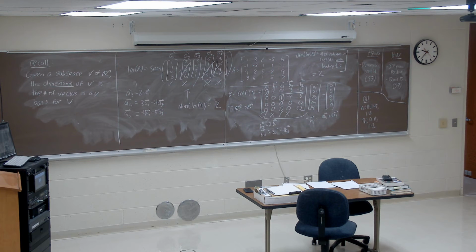Which says that for any n by m matrix A, the dimension of the kernel of A plus the dimension of the image of A is equal to m, where m is the number of columns in your matrix.